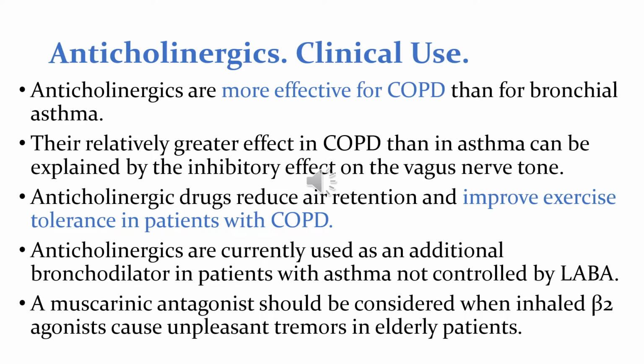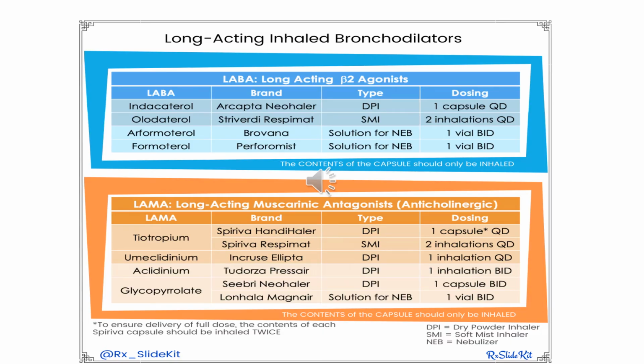Anticholinergics are frequently used as an additional bronchodilator in patients with asthma not controlled by LABA. A muscarinic antagonist should be considered when inhaled beta-2 agonists cause unpleasant tremors in elderly patients. These are long-acting inhaled bronchodilators.